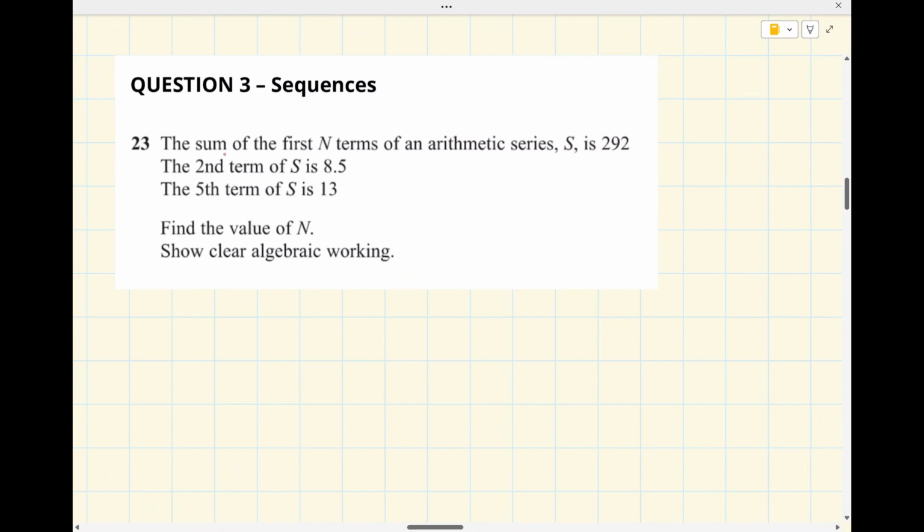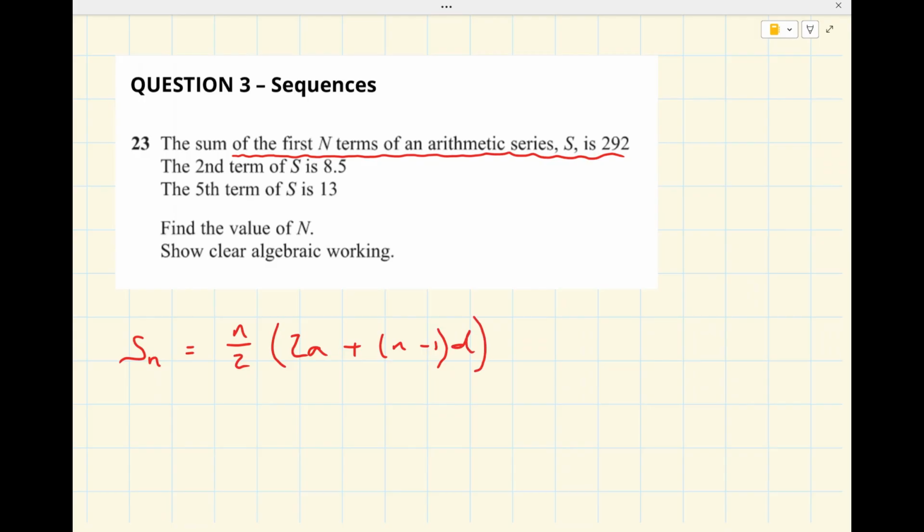First of all, the sum of the first n terms in an arithmetic sequence is that. So I'm going to instantly write down sum of the first n terms, which, by the way, we know the formula because it's at the front of the paper. The sum of the first n terms is 292. There we go. I've written down that red piece of information.